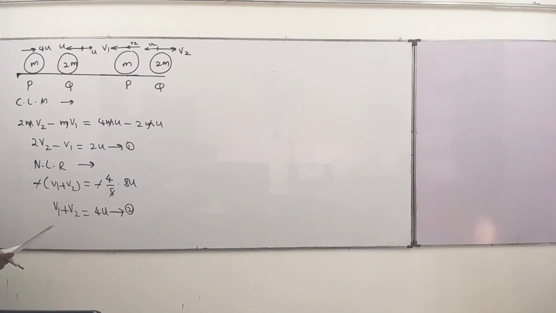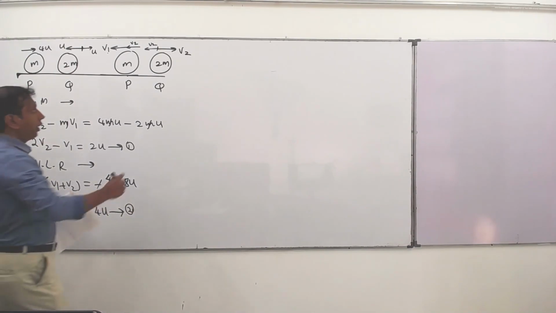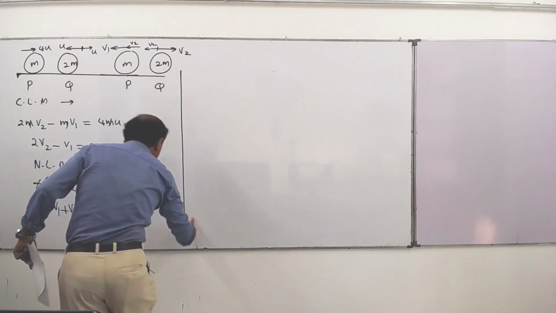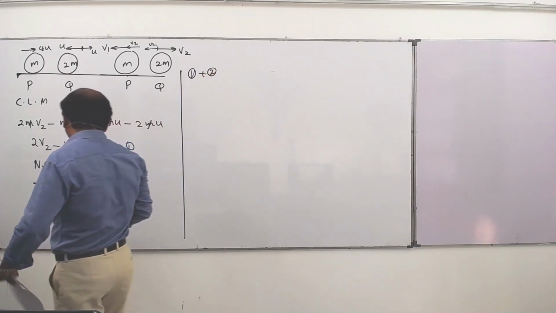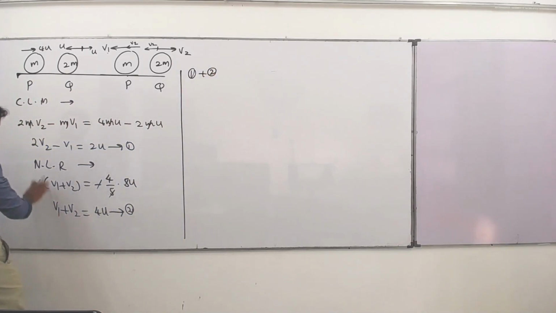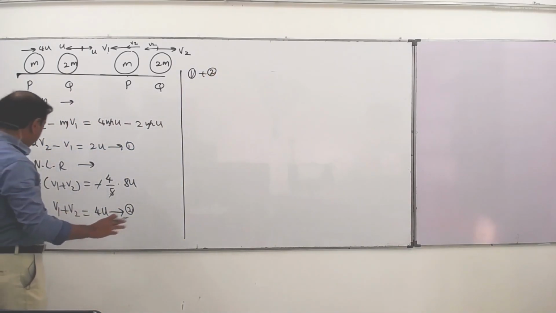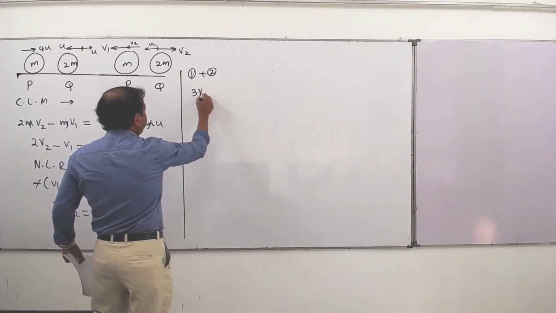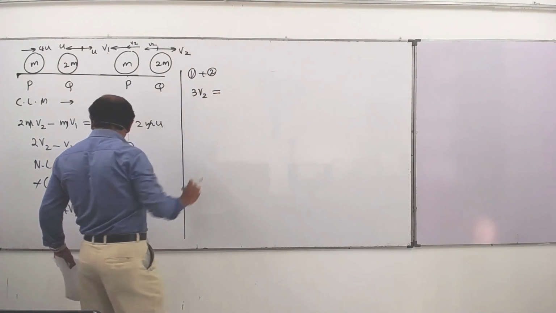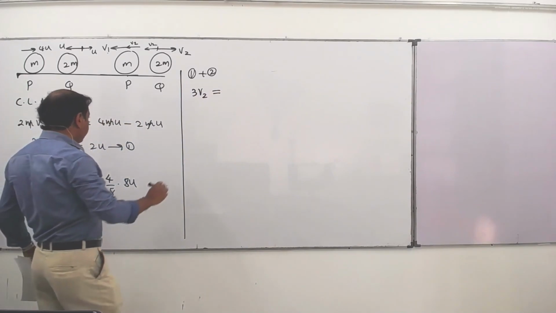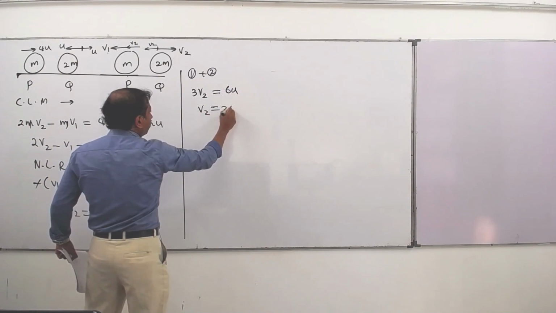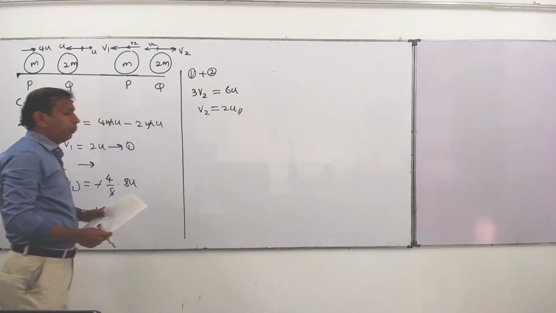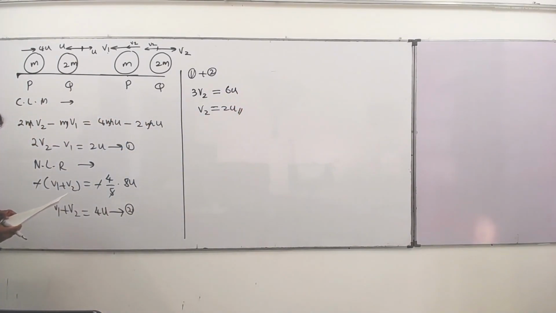Now adding 1 and 2, minus V1 plus V1 we can cancel. 2V2 plus V2 is 3V2, which equals 6u. Then V2 equals 2u.